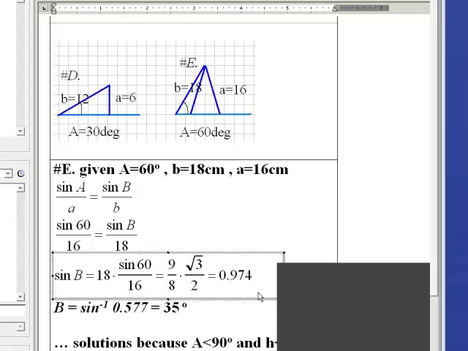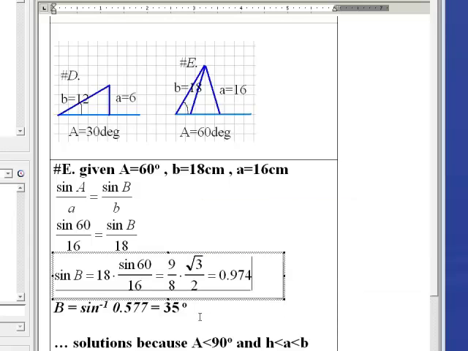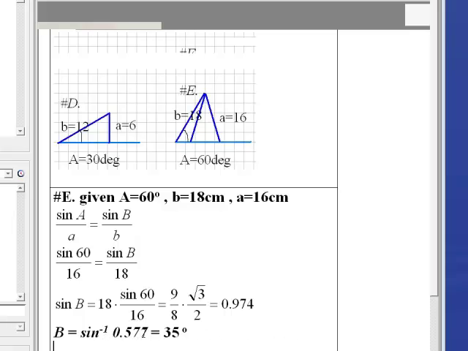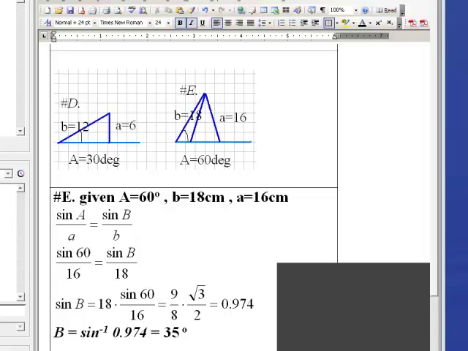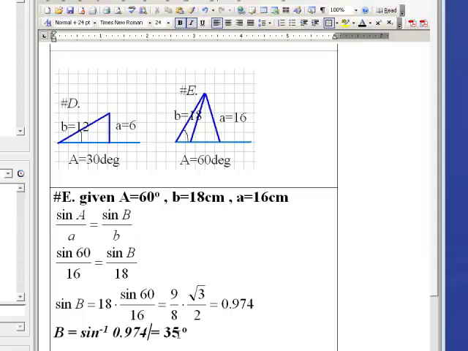Double check that. Yep. Okay. So take the inverse sine of 0.974. Should be pretty large, 76.97, so around 77 degrees.